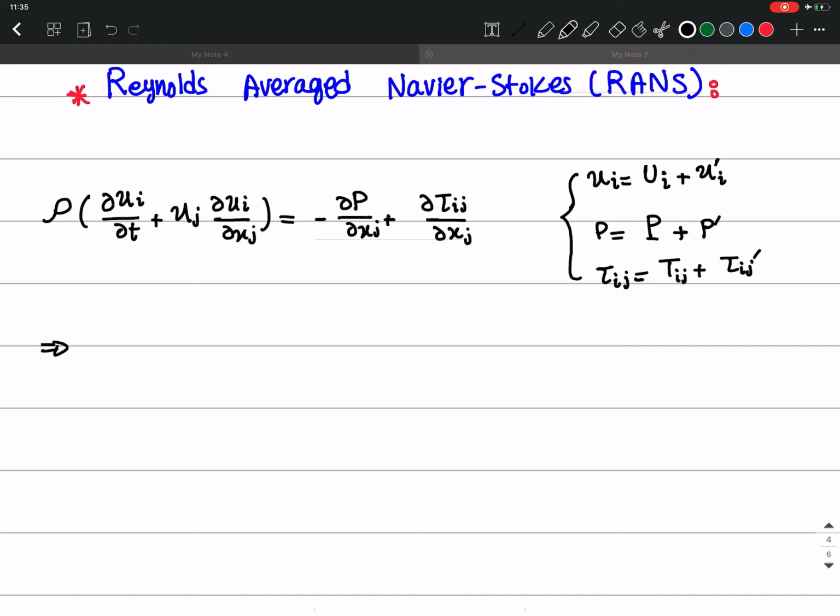Instead of ui, I'm going to write the sum of the mean and the turbulent part. So we have rho, and then I am going to split that: partial ui over partial t plus partial u prime i over partial t.